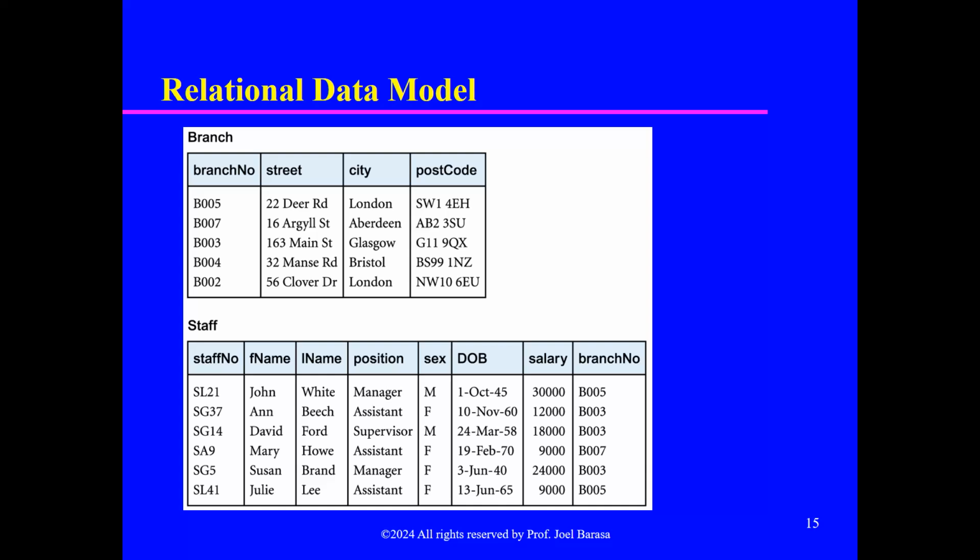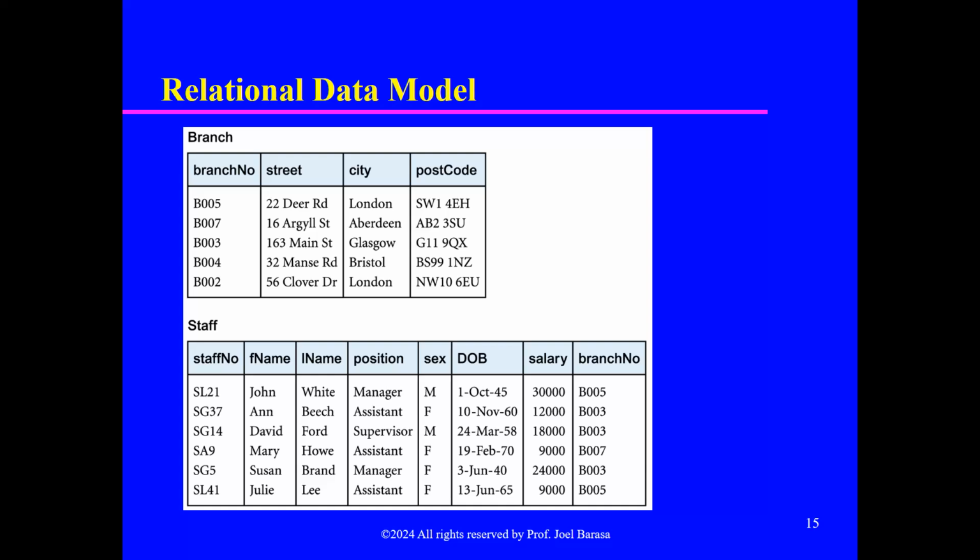Therefore, you can have the branch number, street, city, postcode, and within the staff, you can have the staff number, first name, last name, position, sex, date of birth, salary, and branch number. Now, we have some common fields in these two tables.